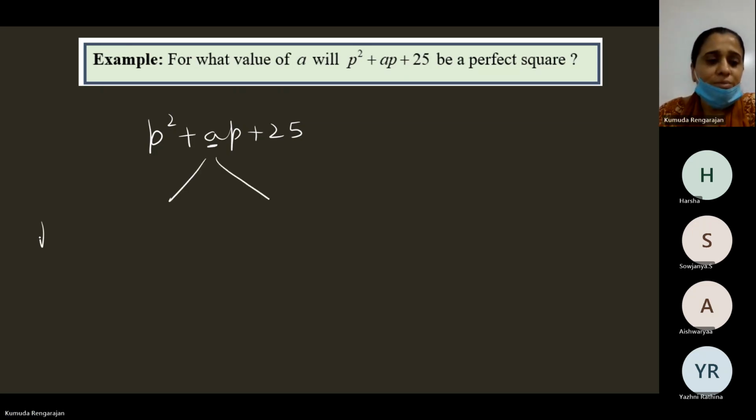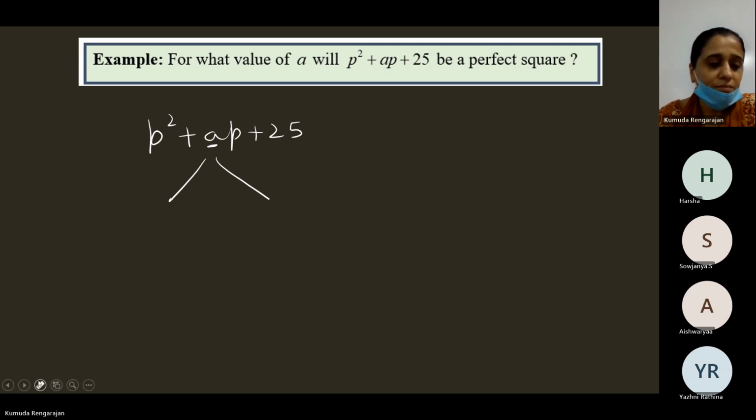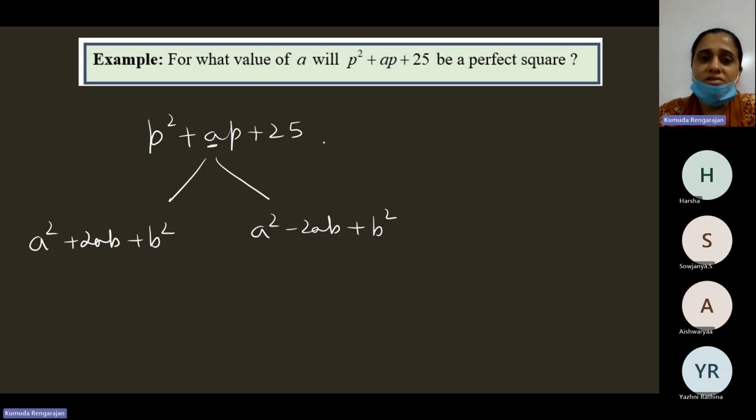This can be of the form a square plus 2ab plus b square, or it can be a square minus 2ab plus b square, because they're talking about perfect squares. There are 3 terms here, children. And the question is, what should be the value of a so that this expression is a perfect square?